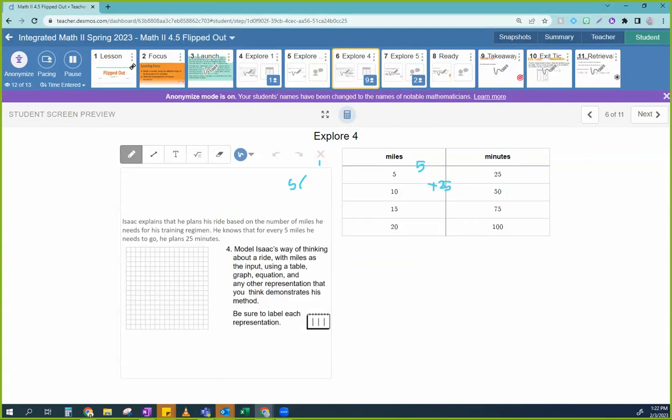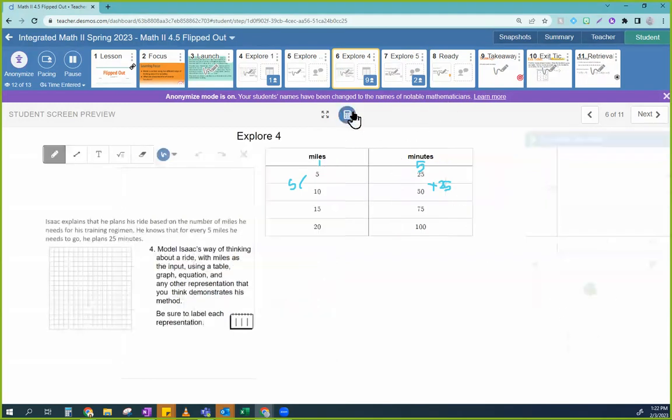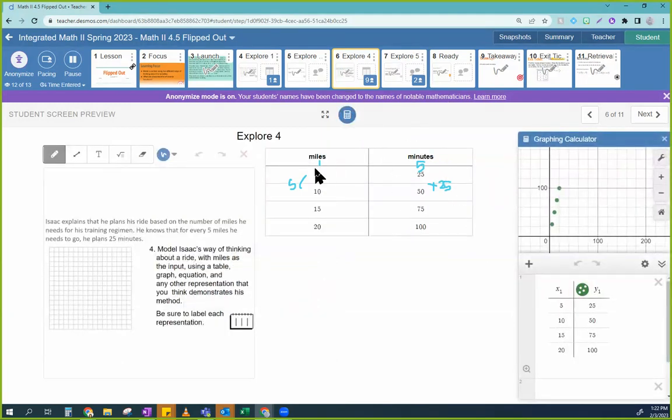Anybody see how I can do that? It has to do with what I was doing earlier. If you know that I can go 1 mile in 5 minutes, would you be able to tell me how many miles I would go in 60 minutes?